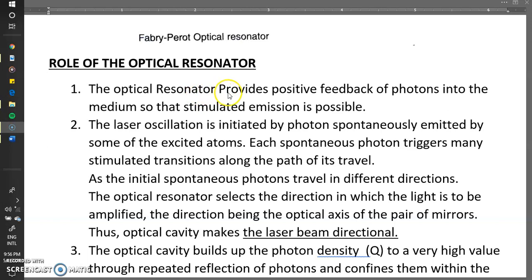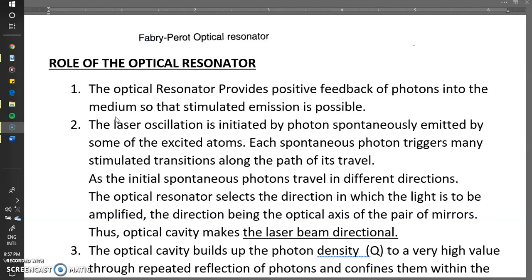Now, optical resonator provides positive feedback of photons into the medium so that stimulated emission is possible. The laser oscillation is initially initiated by photons spontaneously emitted by some excited atoms, and each spontaneous photon then triggers many stimulated transitions along the path of its travel.